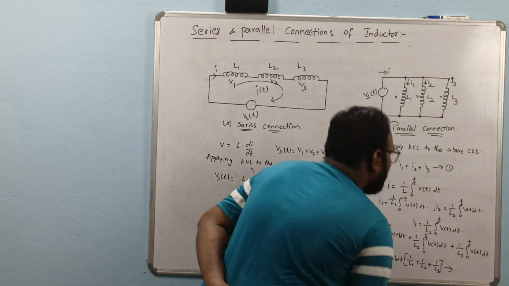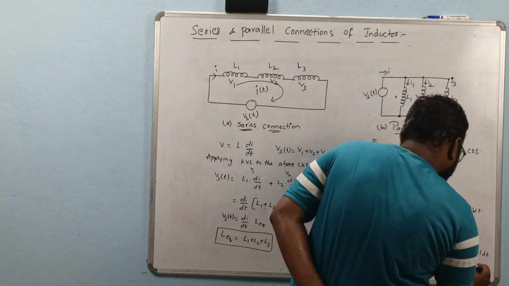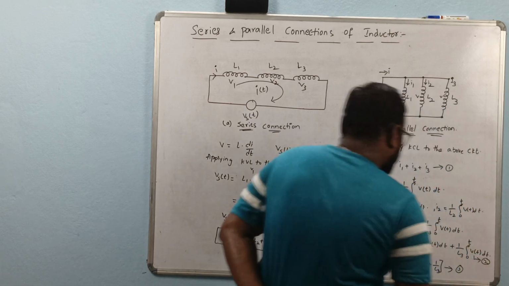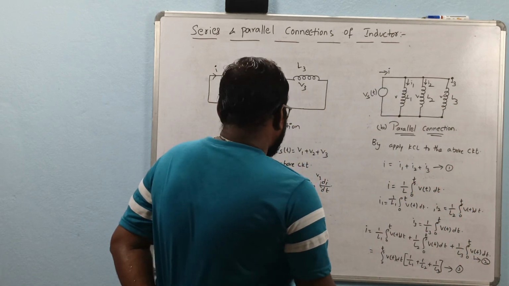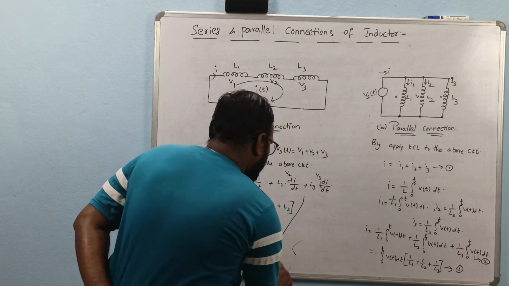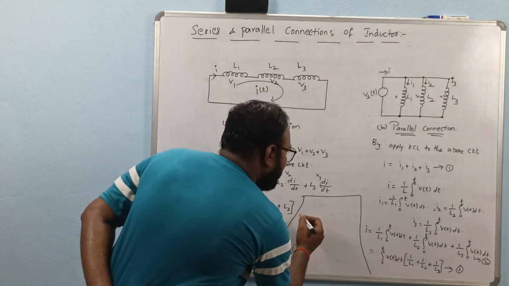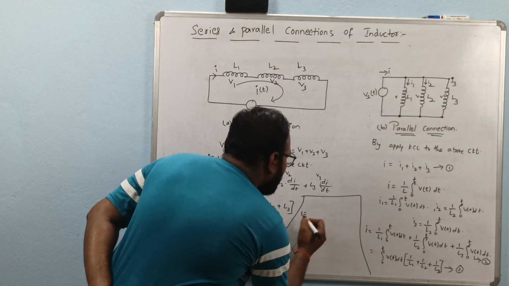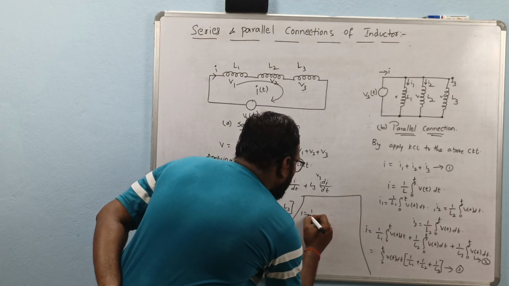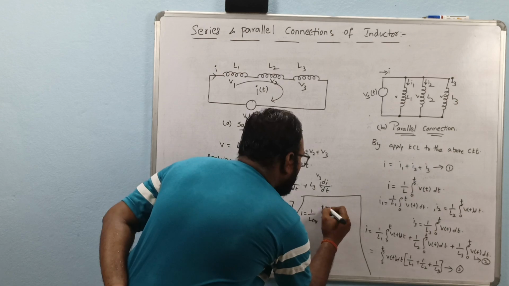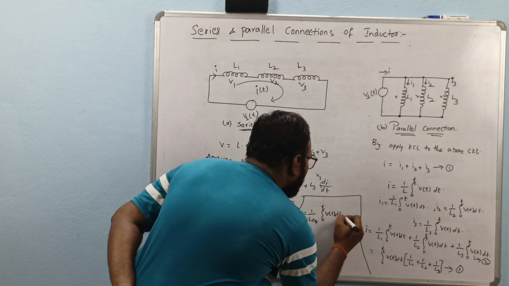Let this be equation number 2, and the other be equation number 3. From this, I is equal to 1 by L equivalent integral 0 to t V of t dt.